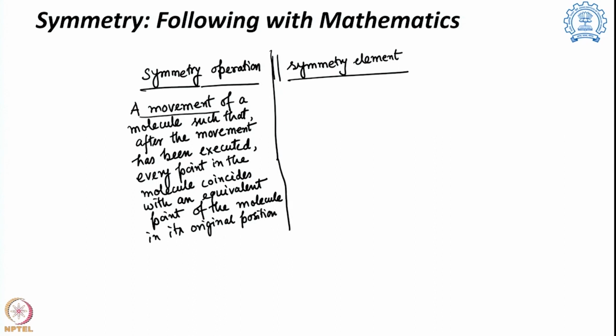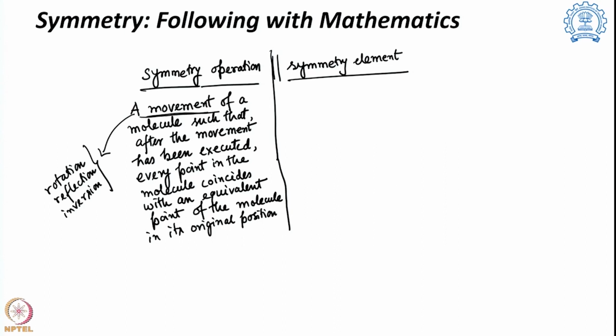So, we are going to do a movement. What movements are we talking about? The movements we are talking about are rotation, reflection, inversion. This kind of movement we are going to do around this molecule. And when you do this movement, the molecule is going to change its orientation, to a totally new orientation. And in this new orientation, we are trying to find what happens to the different segments of the molecule.